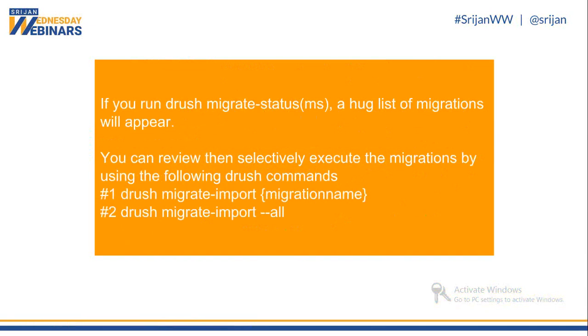Then you can review and selectively execute the migrations using the following drush command: drush migrate import and your migration name. For example, after running migrate status, you will get the whole configurations, like migrate.taxonomy.xyz.